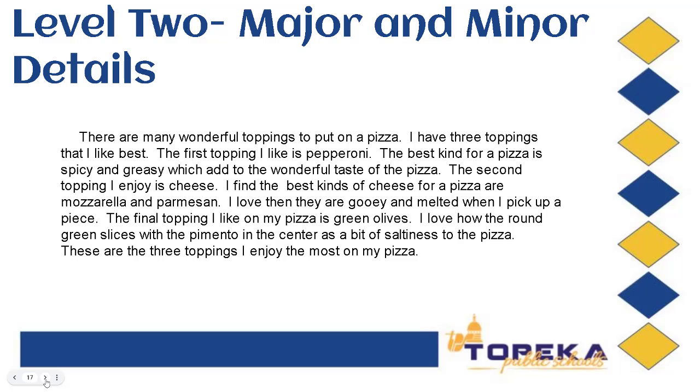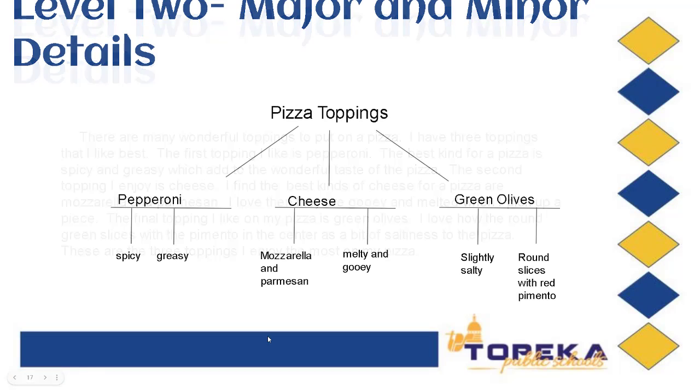So you'll notice that I've gone back. Let's go back to our graphic organizer. I've taken this graphic organizer, this powerful writing tree, I've taken the topic and made that my first sentence, my main idea sentence in my paragraph. I used first for pepperoni, second for cheese, and third for green olives.